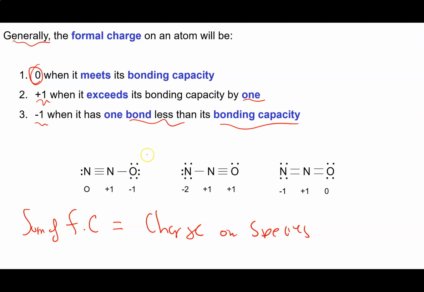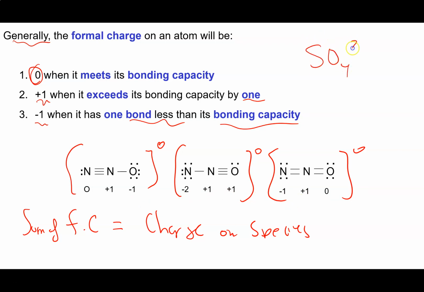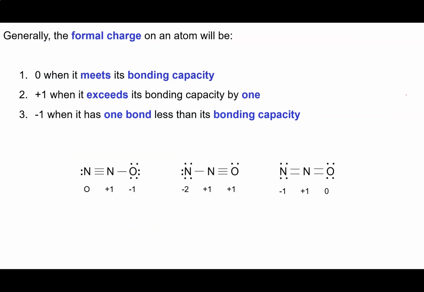As these are molecules, they all have a 0 charge, and your formal charges all add up to 0 in each case. If you have a polyatomic ion, say you had sulfate, then the formal charges, when you add them together, will equal the charge on your polyatomic ion.